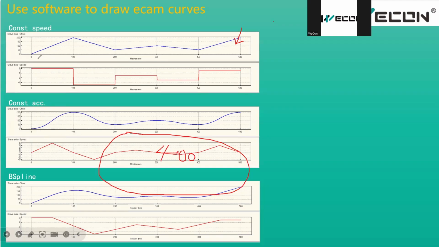Before our master achieves the 400, in this part the slave will keep in 0 position. And when the master achieves the 400, reaches this point, and continues to go forward, the slave will go up from this point to run this curve.